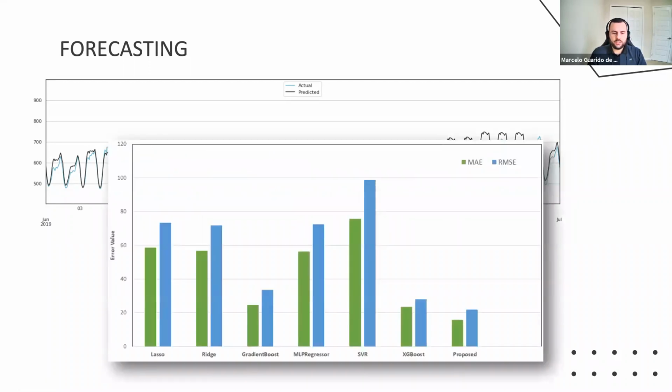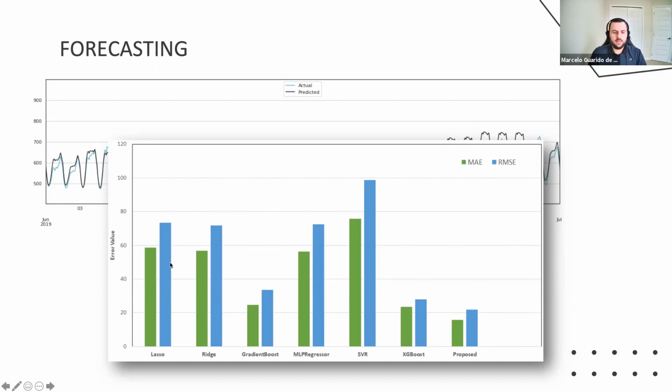And when they show their metrics compared to different machine learning models, the proposed one got the best metrics. The metrics that they're using are mean absolute error and the root mean squared error. So the smaller the number, the better the metric.